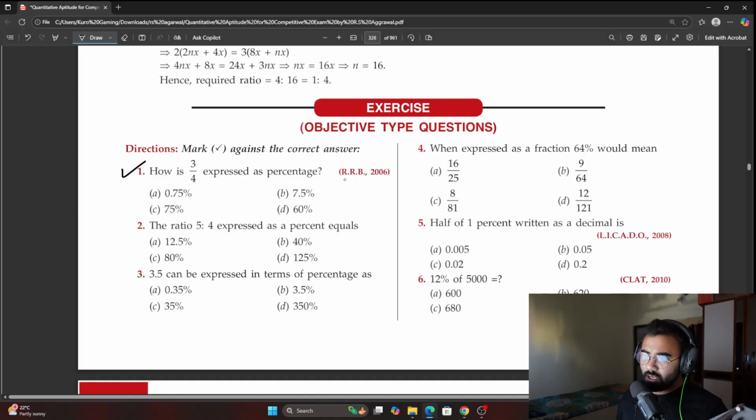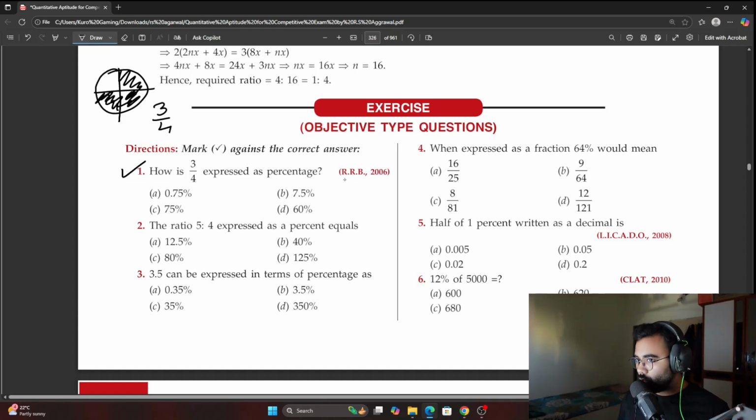How is 3/4 expressed as percentage? Now there are two concepts to understand over here. Number one is, let's say if there is a pizza and you divide that into 4 parts. Okay, so I'll shade this, I'll shade this, and I'll shade this. So now this fraction becomes 3/4.